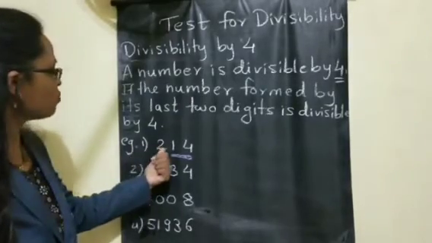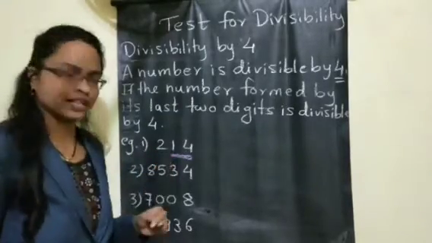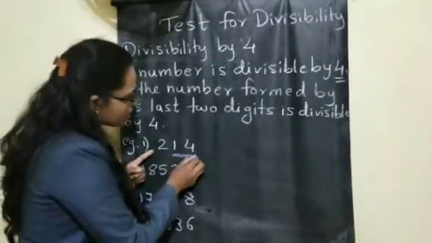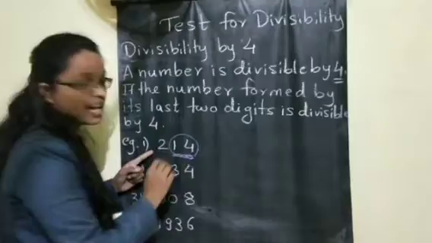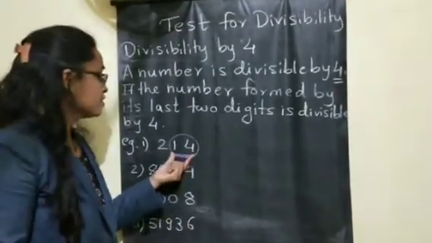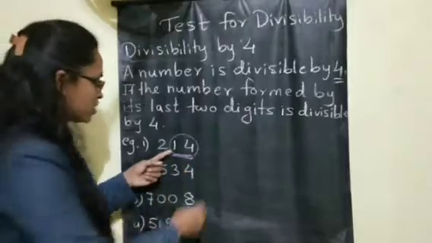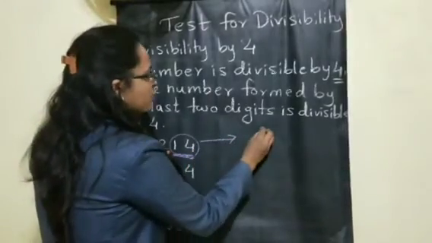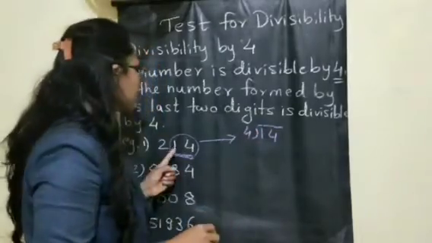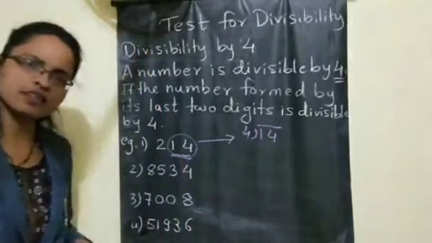For example 1, 214. So what we'll do is from 214 children, only select this 2 digit number, last 2 digit number. Divide and check this 2 digit number whether it can divide by 4. So children, if you see here, 14 divided by 4. In 4 table, 14 is there children?